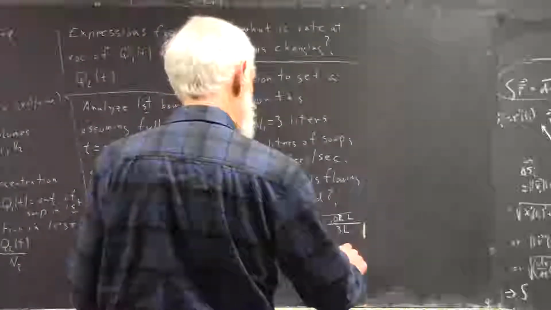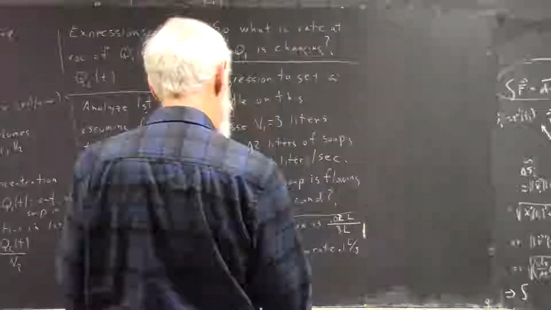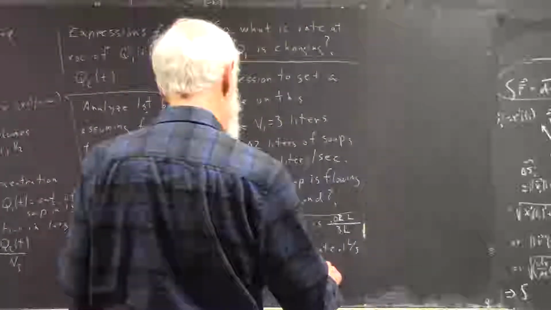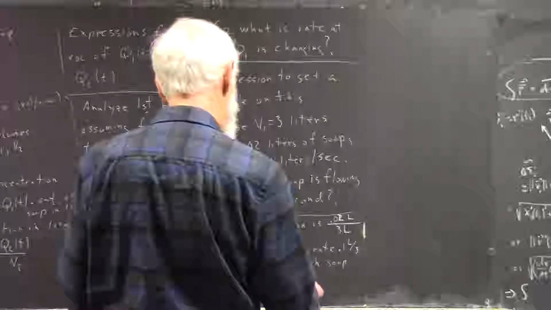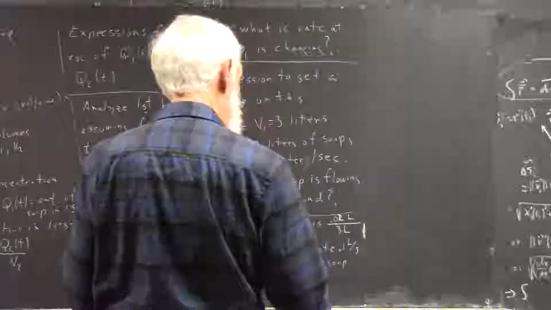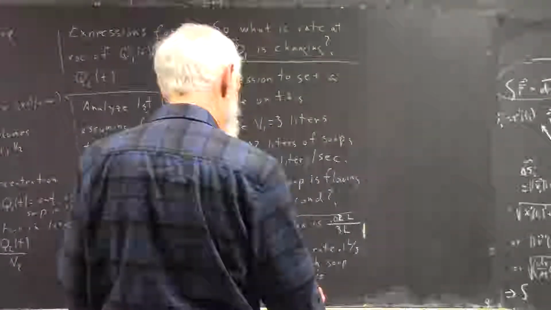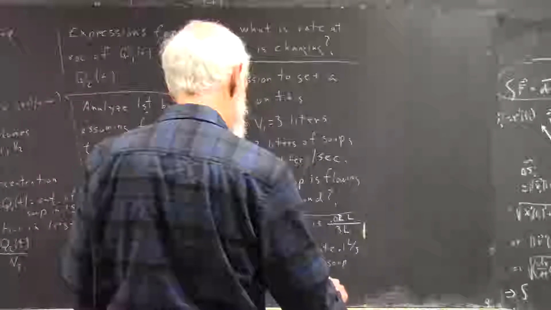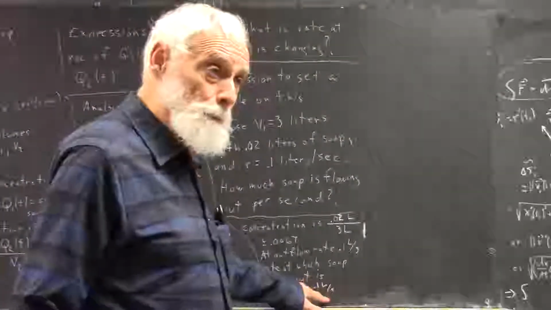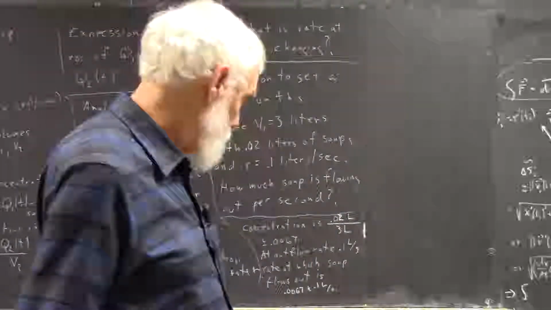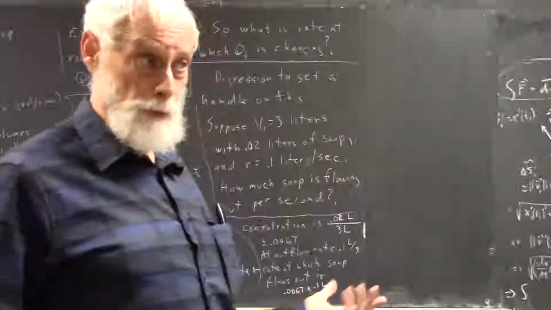So at an outflow rate of 0.1 liter per second, the rate at which the soap flows out is going to be 0.0067 times 0.1 liter per second. Because you've got solution flowing out at 0.1 liter per second, and 0.0067 of that solution is soap. So that should be an intuitive connection, and you want to think about it until it is. Okay?